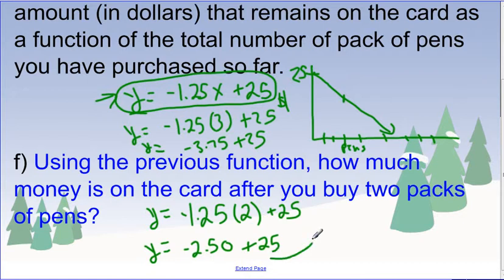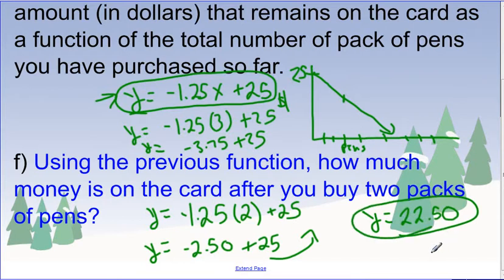And then y equals $25 going down by $2.50. 25, 24, 23, 22.50. And that's how much money we'd have left on our card. We buy 2 packs of pens at that much each. We'd have $22.50 left.